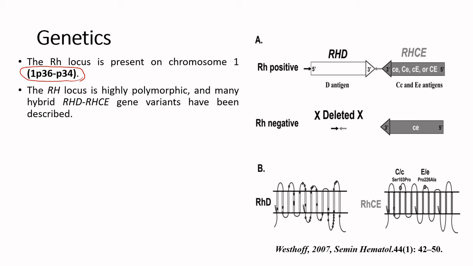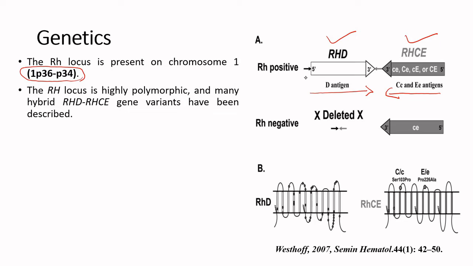So these are two genes, which are RHD and RHCE. The very nature of these two genes is they are arranged in such a way that they are facing towards each other.